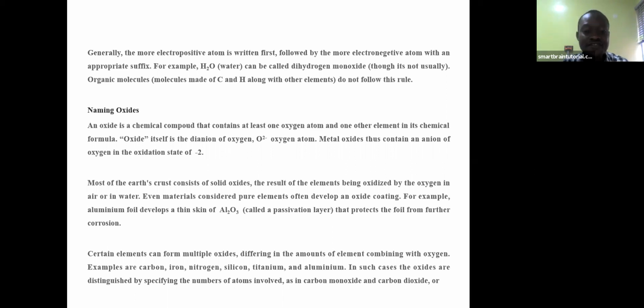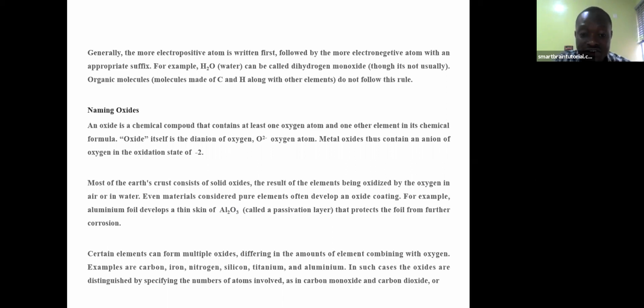Even materials considered pure elements often develop an oxide coating. For example, aluminum foil develops a thin skin of aluminum oxide called a passivation layer. Now this is aluminum oxide. Aluminum belongs to group 3, and therefore it has an oxidation state of +3.